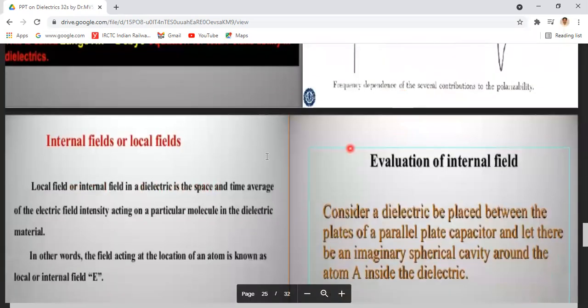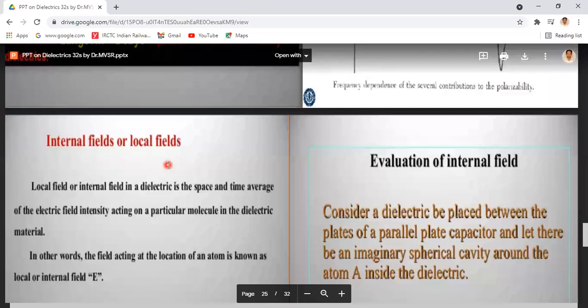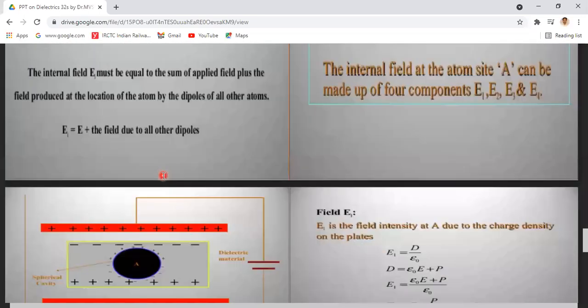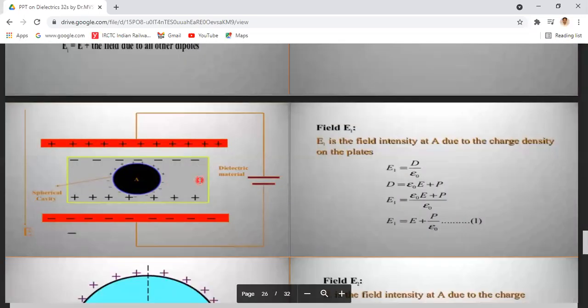Coming to internal fields or local field. In a given dielectric material, the induced dipoles exist because it is placed under an applied electric field. Consider a capacitor, and between its plates you apply an electric field.